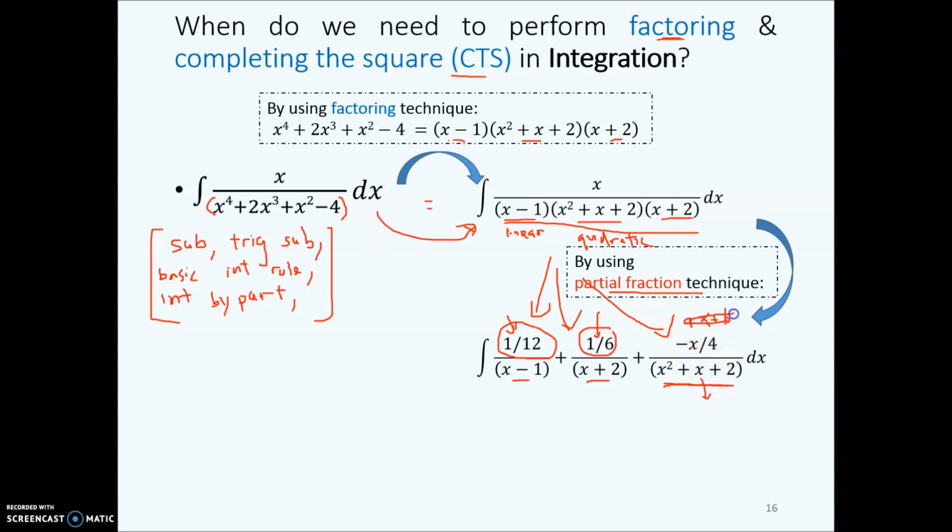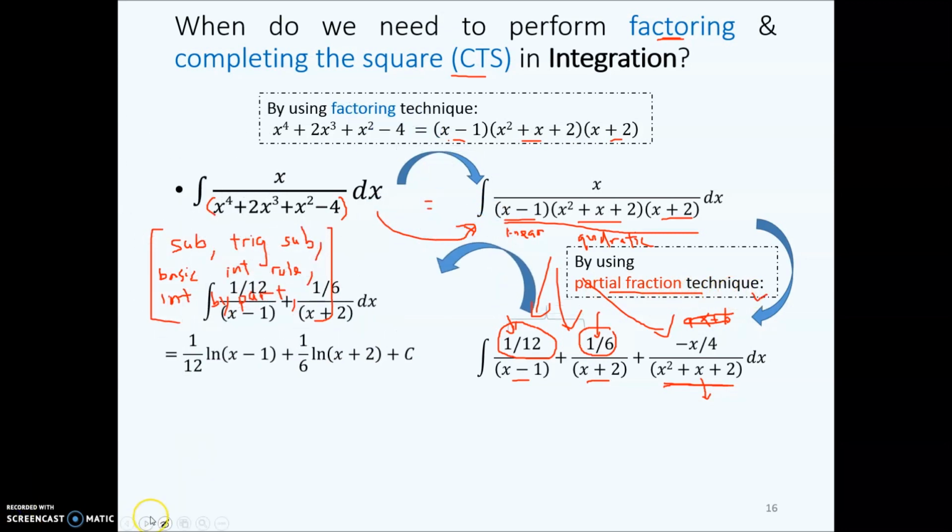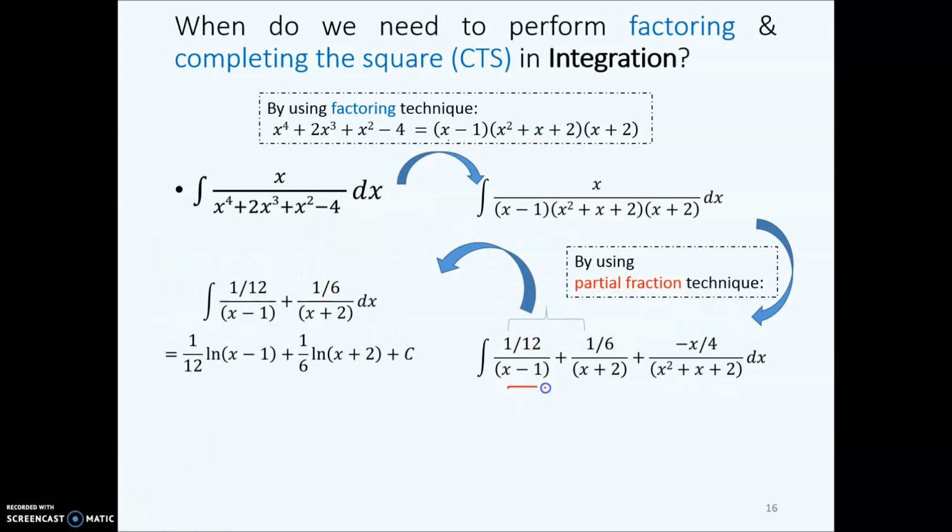You will learn this more in the partial fraction technique. You can see that these two terms are in the 1 over x format. We can use the basic integration rule to directly integrate them, so you should get the answer in ln.